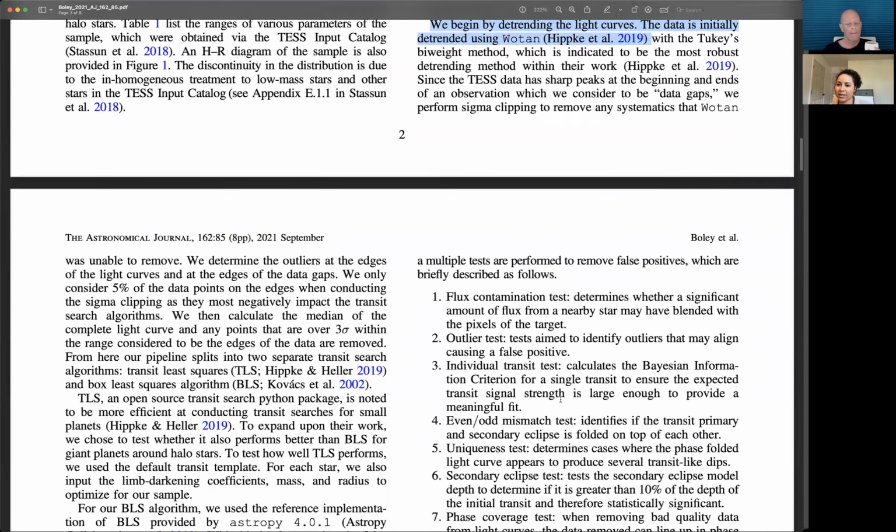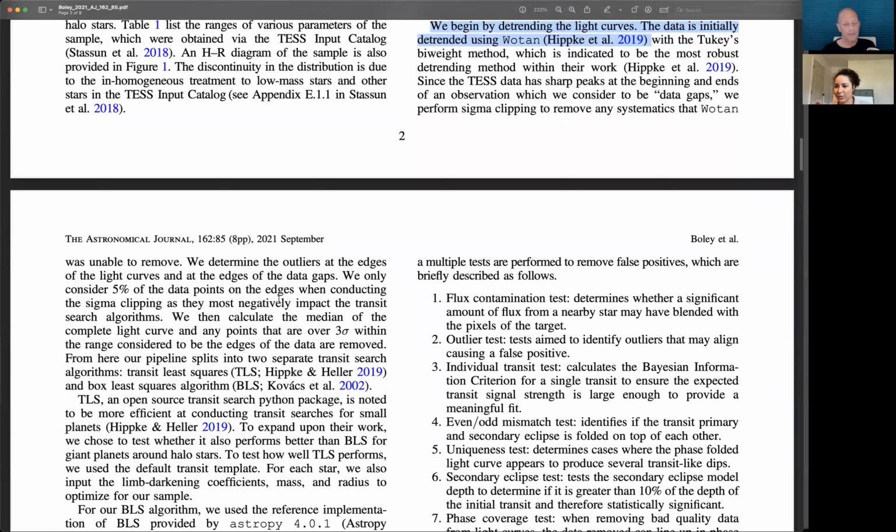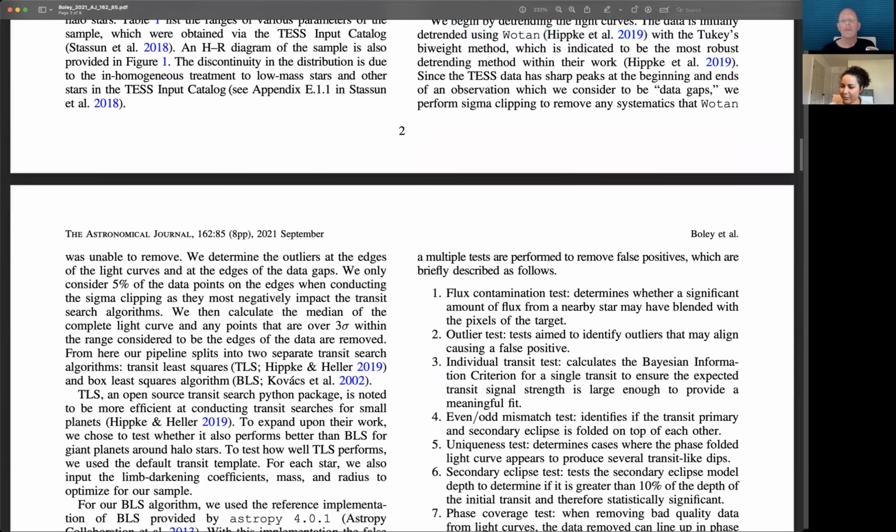And so within the data gaps in the TESS sectors, we also had to account for some of those peaks and falls within the light curve. So sometimes Wotan wouldn't be able to completely get rid of those.